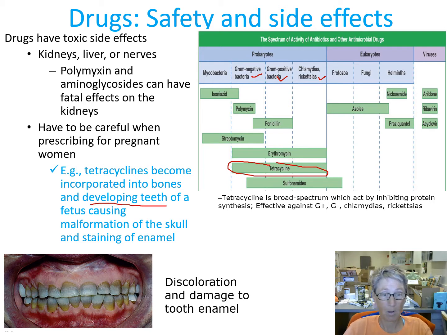So if you're a pregnant woman and you take tetracycline, this could happen, and when the tetracyclines get incorporated in bones and developing teeth, it causes malformation of the skull and staining of the teeth.